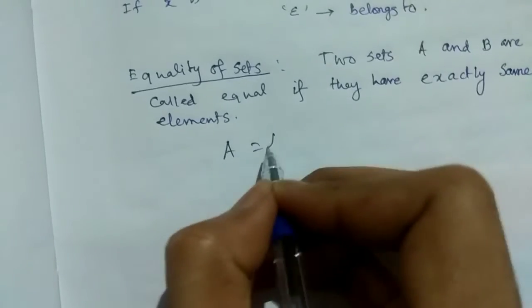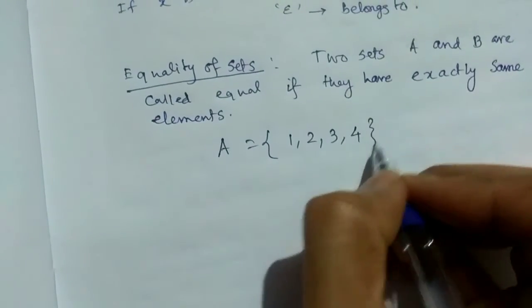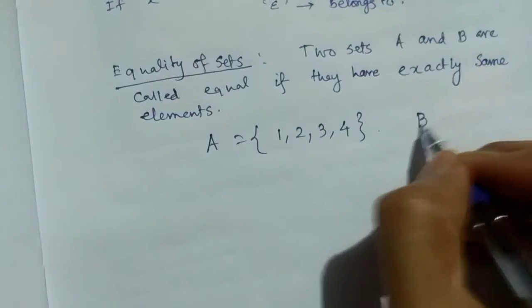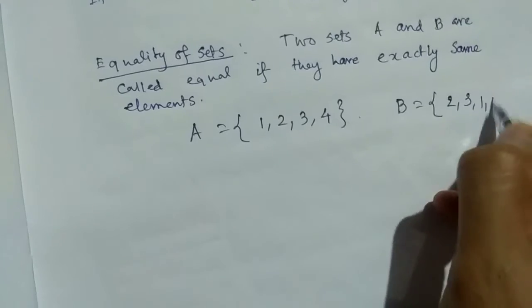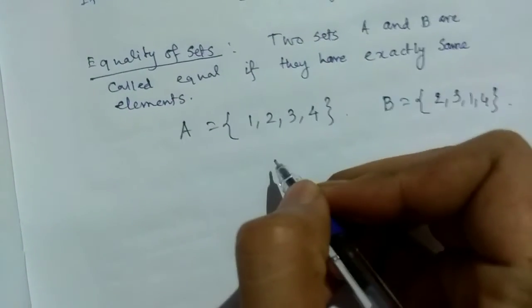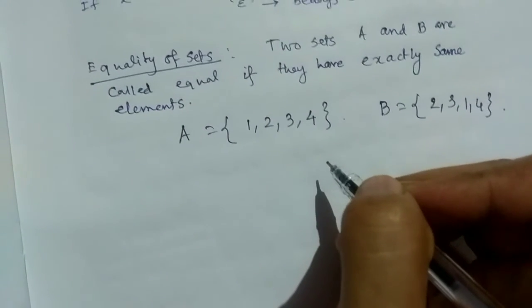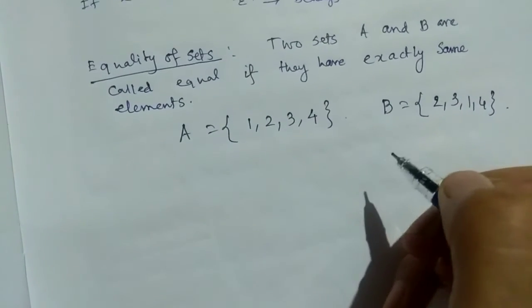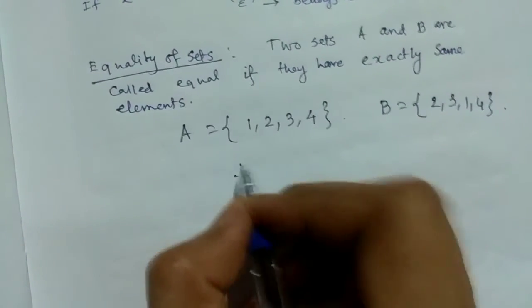Suppose A equals 1, 2, 3, 4 and the set B equals 2, 3, 1, 4. Now look at the sets A and B, and we find that A and B have exactly the same elements, so A equals B.